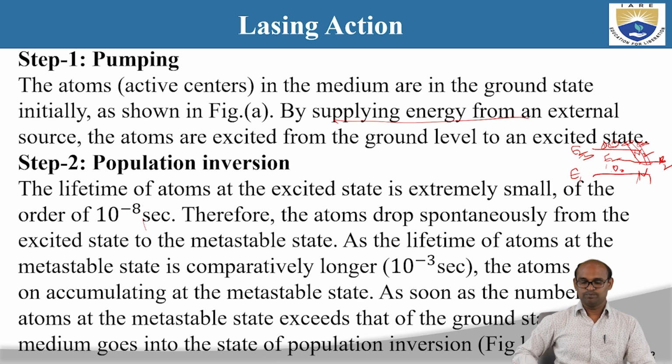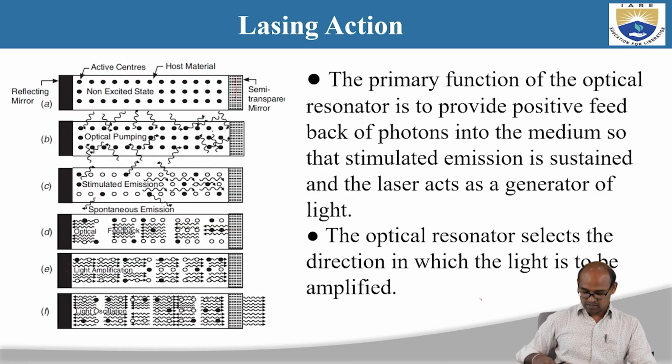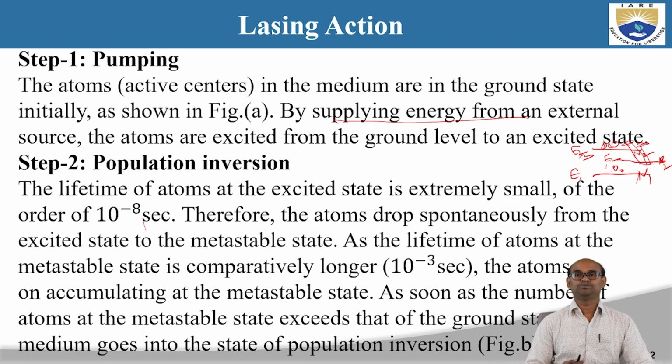That is figure B. So that is the population inversion condition. In the first step we supplied energy in the form of light, so all the atoms in the ground state are excited to the normal excited state E3. Because the lifetime of atoms there is very short, 1 nanosecond, the atoms in the normal excited state E3 drop down to the metastable state E2.